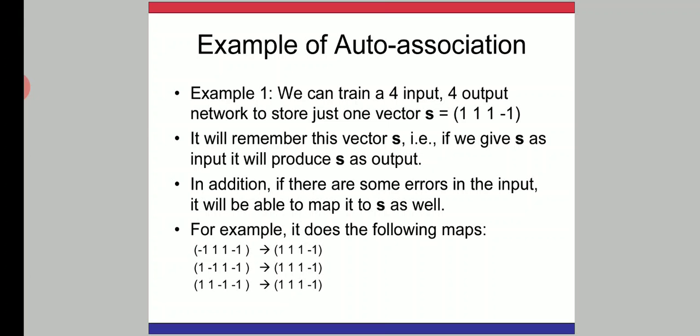যেমনই ফল্টি ইনপুট, তার মানে 1 1 1 -1 এর করেসপন্ডিং ফল্টি ইনপুট কি হতে পারে? প্রথম যে 1 আছে তার সাইনটা উল্টে যেতে পারে। What are the possible faulty inputs for 1 1 1 -1? We can change the sign of the first digit, so it can be -1 1 1 -1. We can change the sign of the second digit, we can change the sign of the third digit, we can change the sign of the fourth digit.